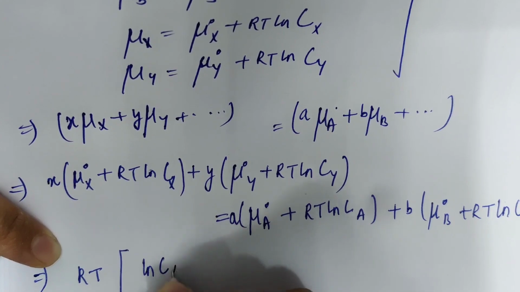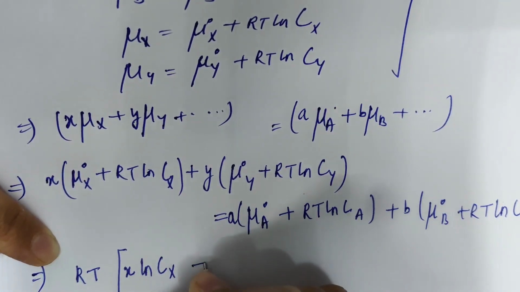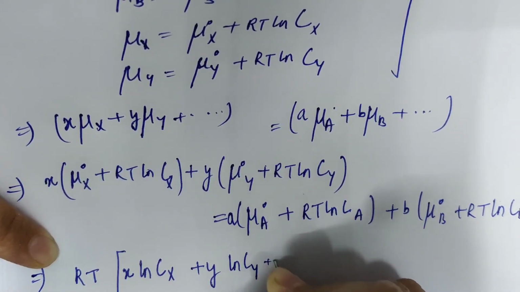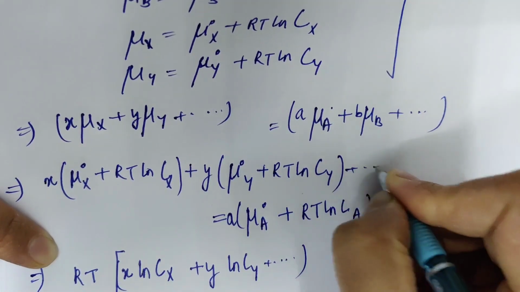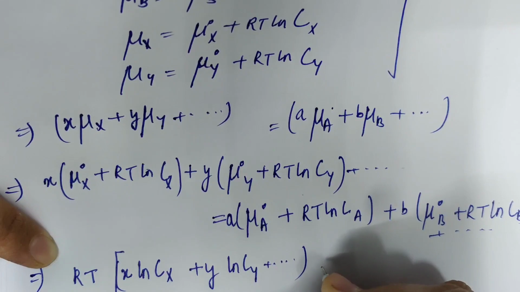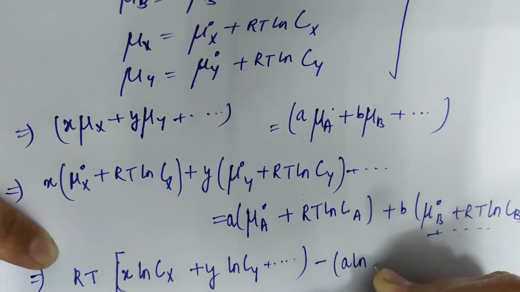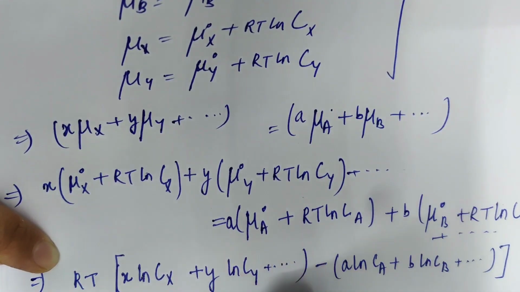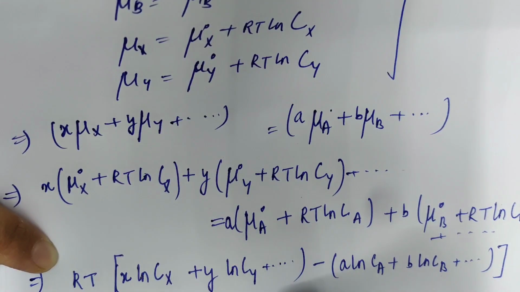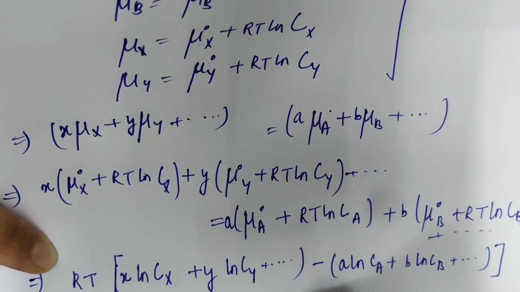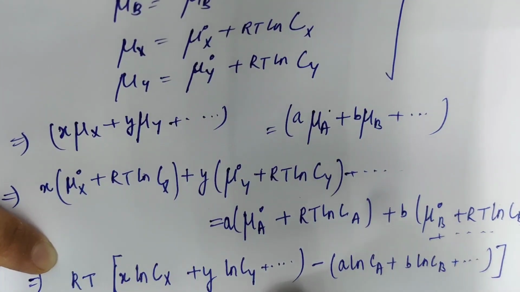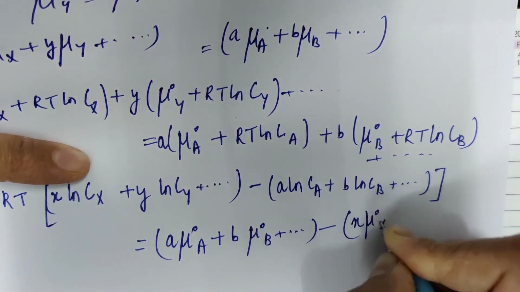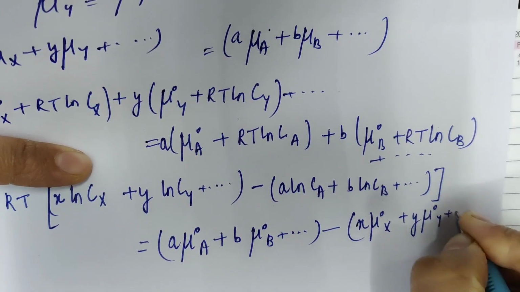So we'll get x ln C of x plus y ln Cy plus so on, minus a ln Ca plus b ln Cb plus so on, is equal to a mu naught A plus b mu naught B plus so on, minus x mu naught x plus y mu naught y plus so on.